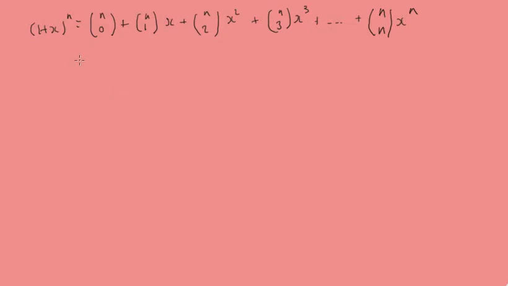And if you did work that out, you got 1 + nx + n(n minus 1) over 2 factorial x squared + n(n minus 1)(n minus 2) over 3 factorial x cubed, all the way up to x^n. And this was true when n was a positive integer.